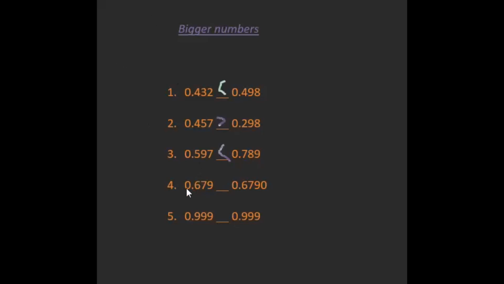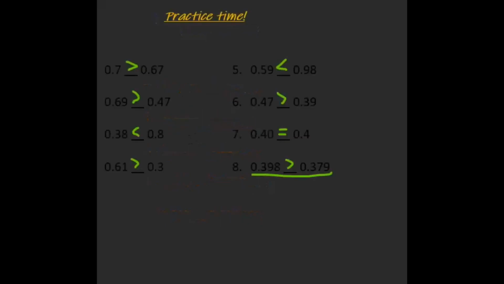Okay, so now let's move on to the fourth problem. 0 and 679 thousandths and 0 and 6790 ten thousandths. Okay, so that means, again, we learned in the last page that we can add a 0 to a number, but then that 0 won't make the value different.